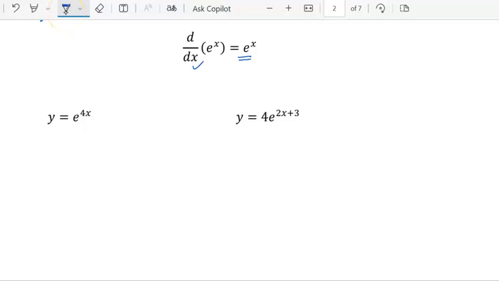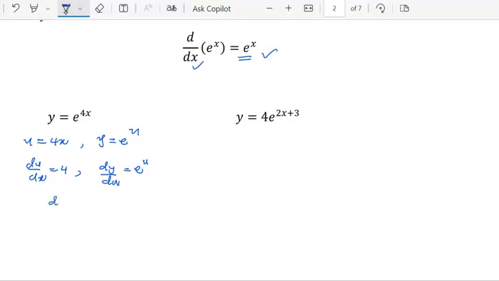We are going to let our u be 4x, such that your y is e to the power of u. So it means that your du/dx is equal to 4 and your dy/du is equal to e to the power of u, because the derivative of the exponential remains the same.